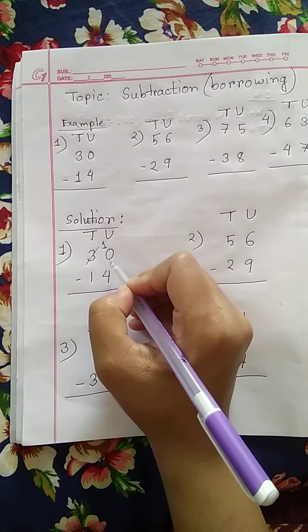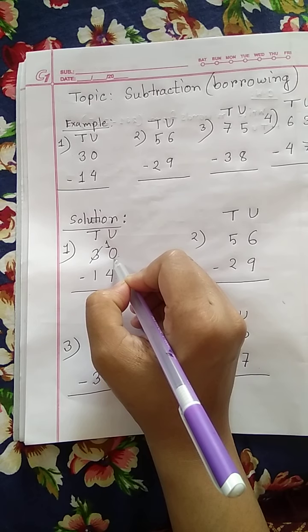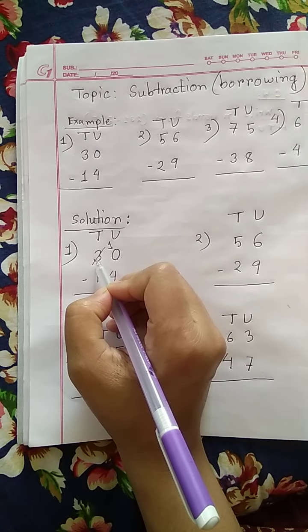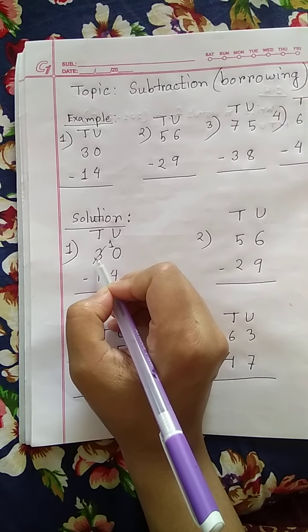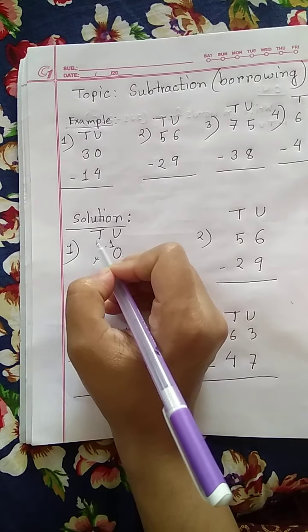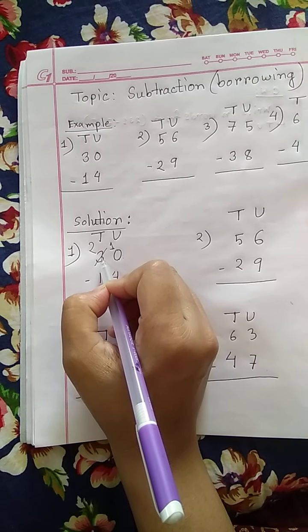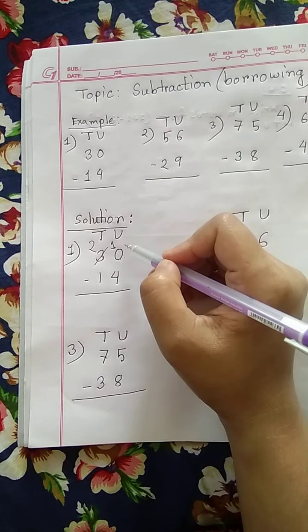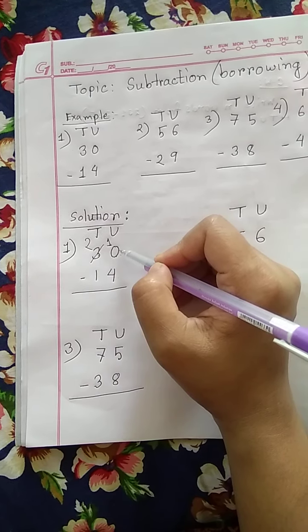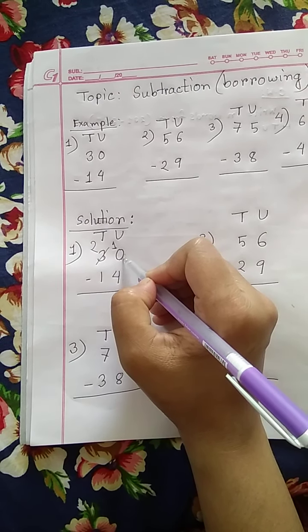So 1 and 0 together make 10. And as I have borrowed 1 from 3, here will be 2 instead of 3. Now, in the units part, the upper number is 1 and 0 together, 10.